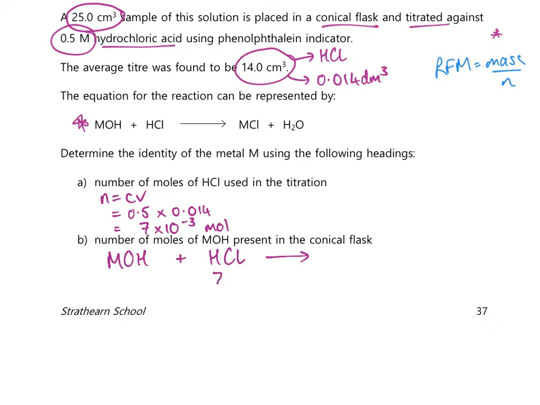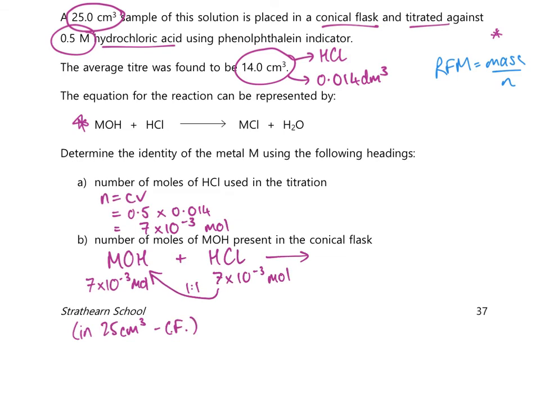We know that we have 7 times 10 to the minus 3 moles of HCl. Bring that over to your metal hydroxide in a 1 to 1 ratio. So that means I have 7 times 10 to the minus 3 moles, and that's in your 25 centimetres cubed sample in your conical flask, if you wanted to write that down.